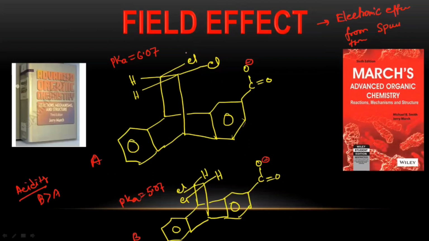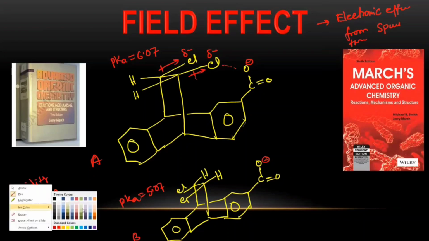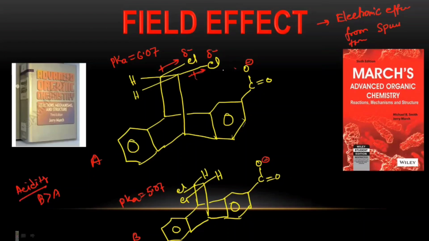What happens here? Both the chlorines will have delta negative for this carbon-chlorine bond dipole moment. Here also delta negative for this dipole moment. And there is an electronic repulsion between this O minus and Cl minus. But the repulsion is through space. Rather, I would say it doesn't actually occur through space, because here we have water molecules, H2O molecules.